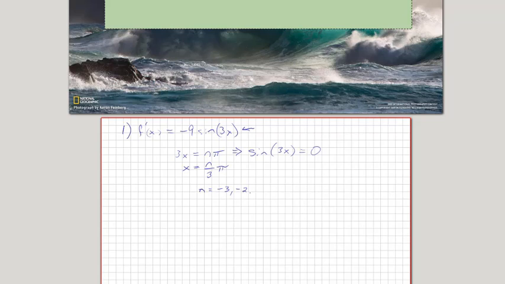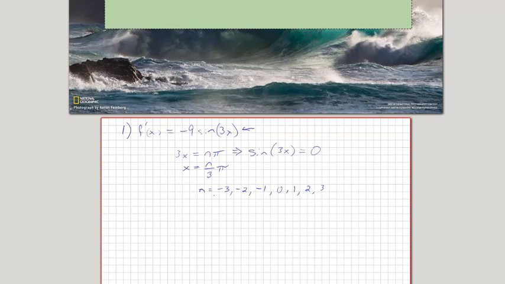If n is -2, that would be in the interval because we'd have -2/3 pi. -1, 0 certainly is in the interval negative pi to pi, because if I plug 0 in for n, I'll have 0 pi. 1, 2, and then 3 would give me 3 over 3 pi, and so that gives me pi. So these are all the n values that would keep x within that interval.